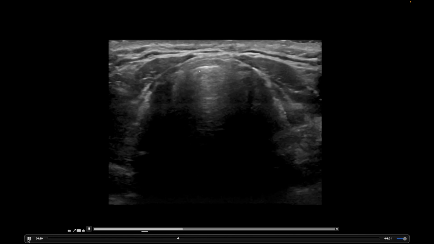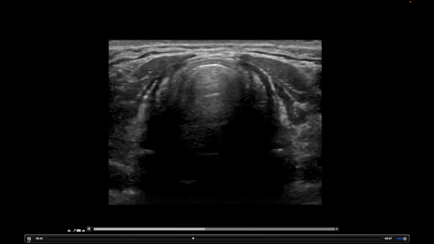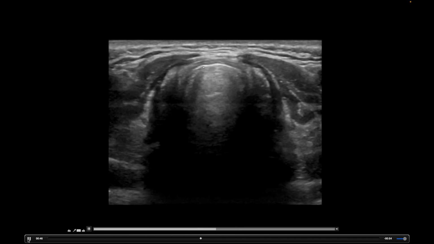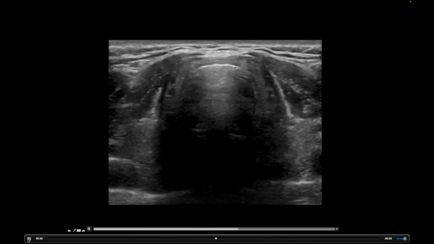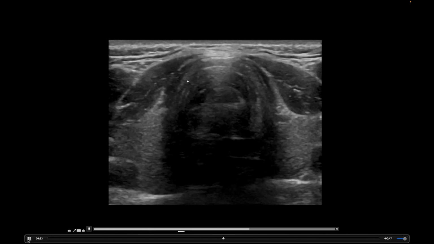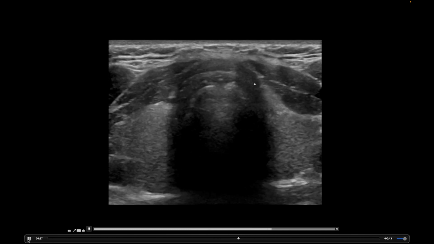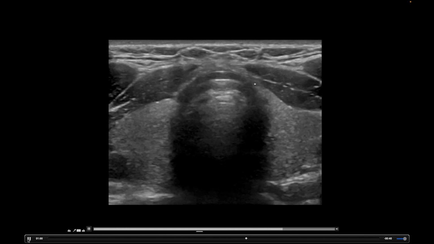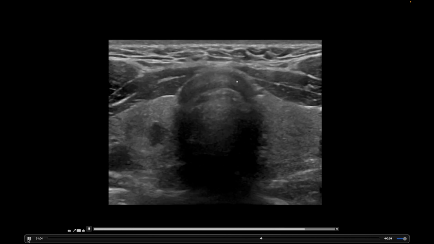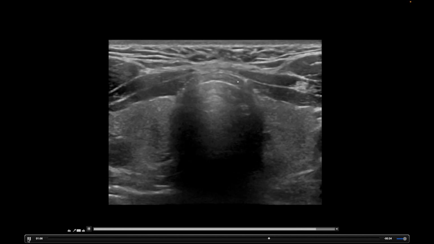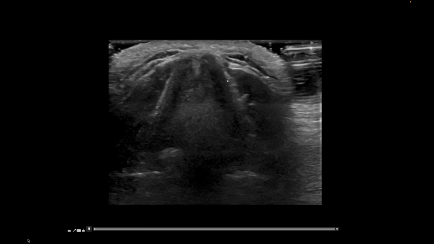Next, we find the cricothyroid membrane, and that's represented as this bright echogenic line, which is the air interface. So this is the cricothyroid membrane at its widest part, and we're still descending with the ultrasound probe. Below the cricothyroid membrane, you get the cricoid cartilage, and you can see we've lost that bright air interface. The cricoid is round. Then we get an air interface below the cricoid as we hit the trachea, and we lose it again as we go down and meet those tracheal rings.